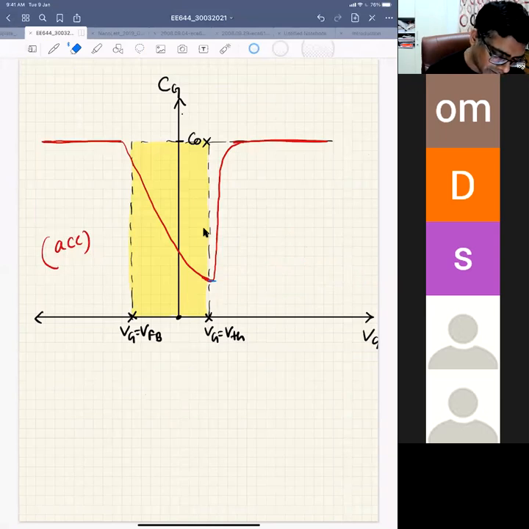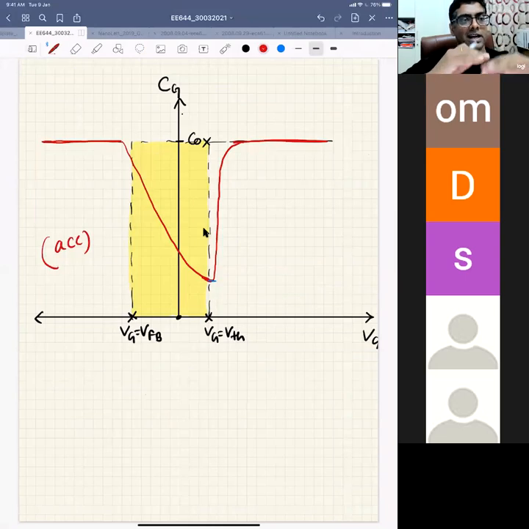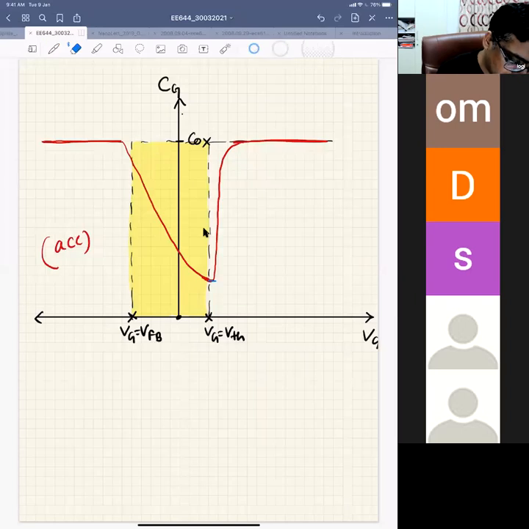When you have negative charges in the oxide, that means your VT, your threshold voltage, is increasing. So your CV characteristic will just shift, because your VT point has changed from this point to, let's say, this point. So basically your CV will just shift.